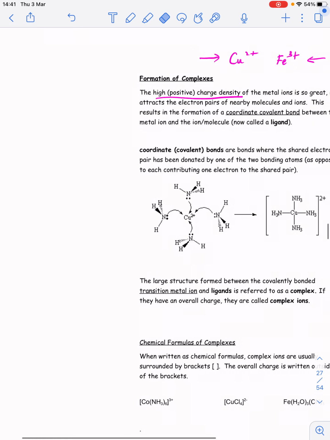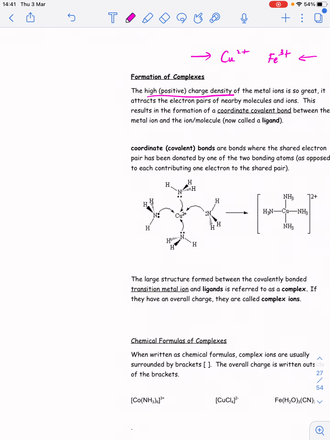In this topic, the positive charge density of the transition metal ion is so high that when something like water gets near the copper ion, instead of just aligning itself with the oxygen end near the copper ion, one of the electron pairs of the oxygen actually gets donated and forms a covalent bond with the metal ion.